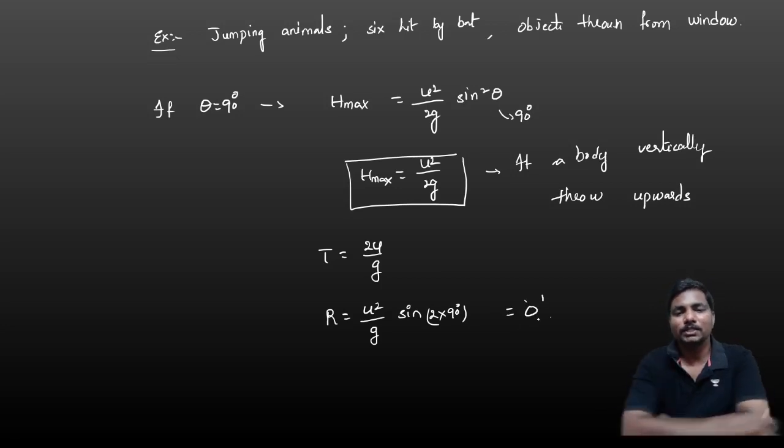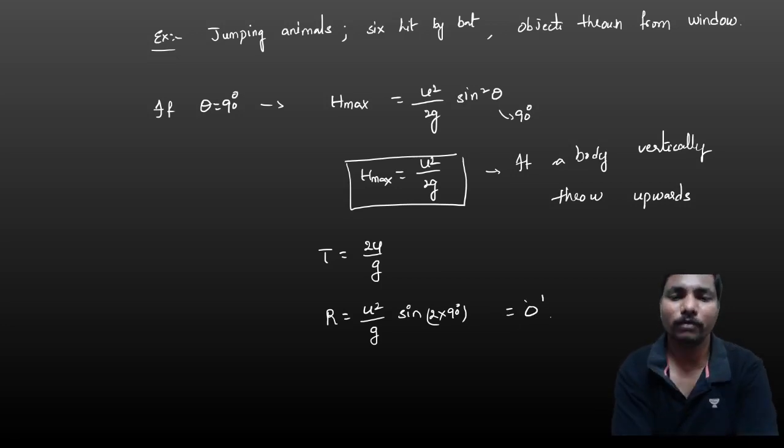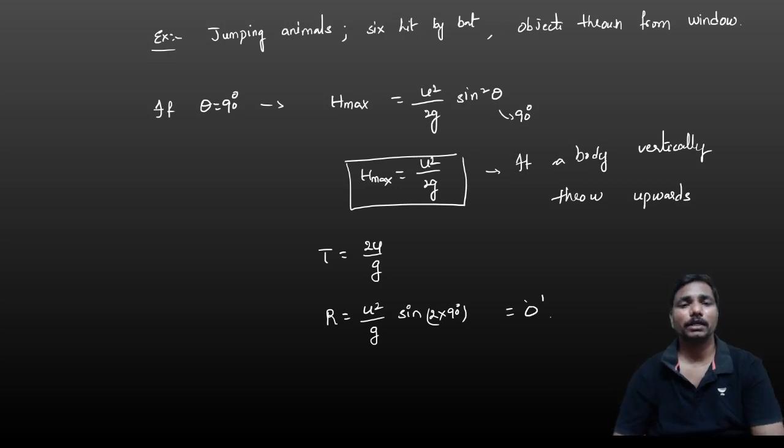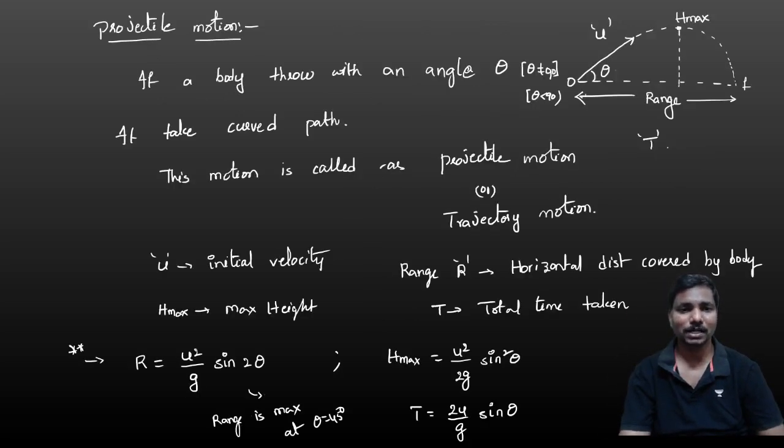So the horizontal range is equal to 0 in the case of vertically upwards. They may ask the question, what is the range in case of a body thrown vertically upwards? The range is generally 0. So these are the very important formulas in projectile motion. All these three formulas are very important.